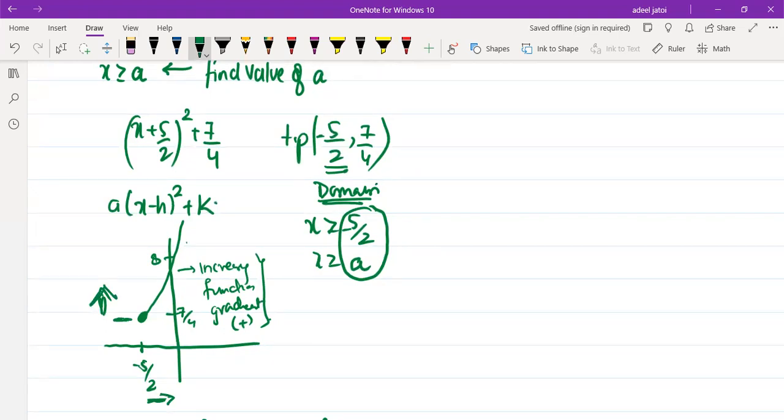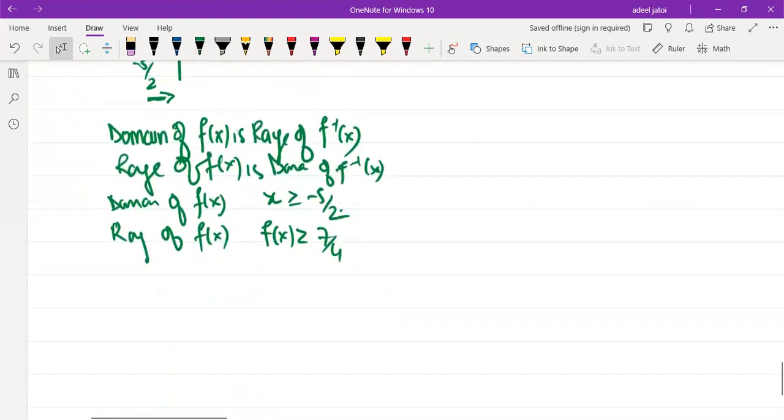So the domain of f(x) is x greater than or equal to minus 5 upon 2, and the range of f(x) is f(x) greater than or equal to 7 upon 4.